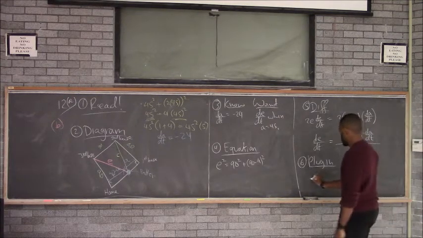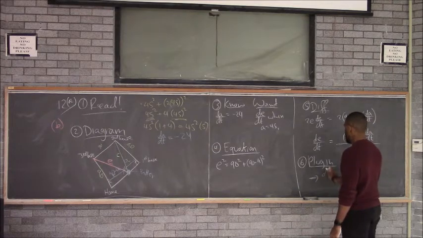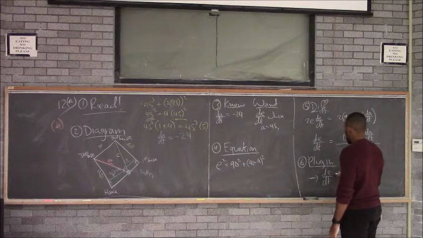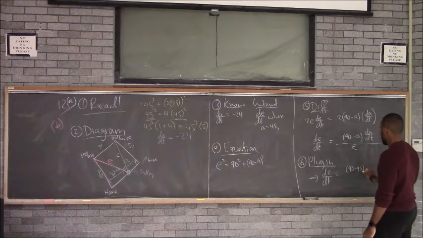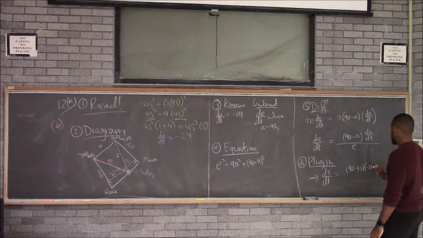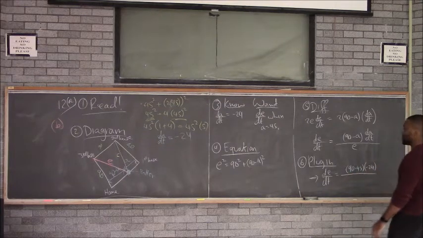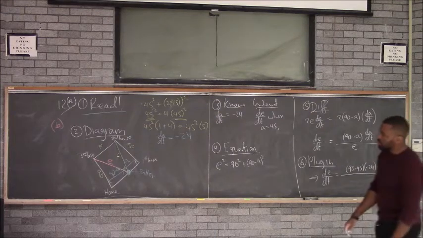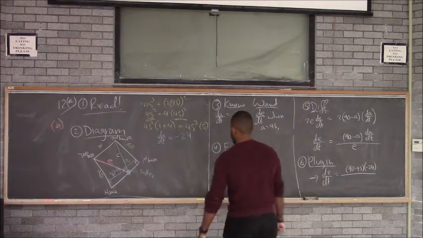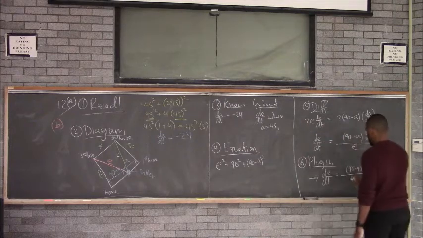So this means dE/dt is going to be (90 minus 45) times minus 24 over E. And E, now this is going to be symmetric, so I also know that E is going to be 45 radical 5.